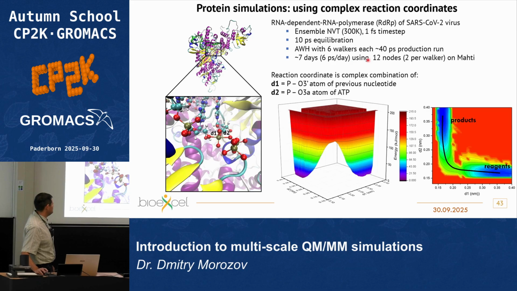It allows multi-coordinate sampling. Again, you see products and reagents, and the reaction goes along this black line. This black line is exactly the line which defines the D1 minus D2 reaction coordinate, so it also confirms that the lowest energy pathway goes through this D1 minus D2 reaction coordinate. So you can do something even like this.